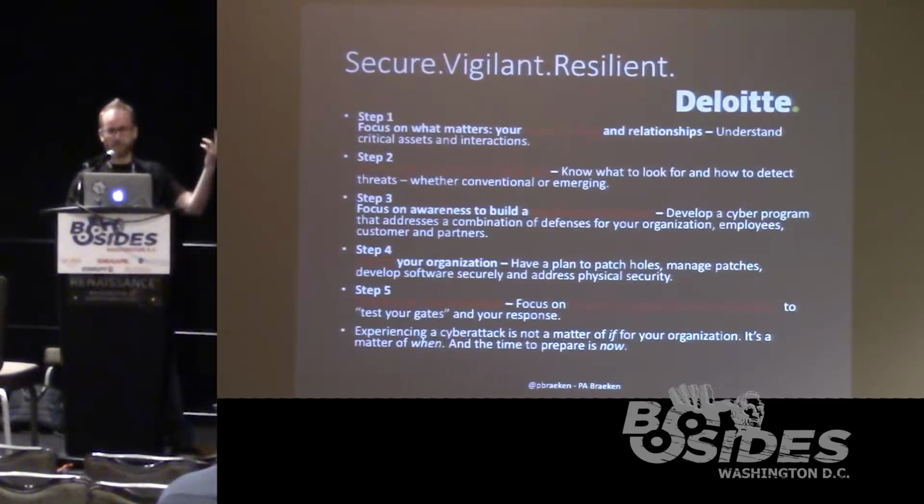And yes, I work at Deloitte. I don't know if I already said that, but we have a methodology, so being secure, vigilant, and resilient. And the major point is, the first thing is you have to know your crown jewels, and link with behavior. So if you know what your crown jewels are, you will be able to protect this information.